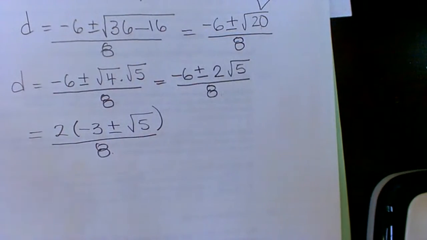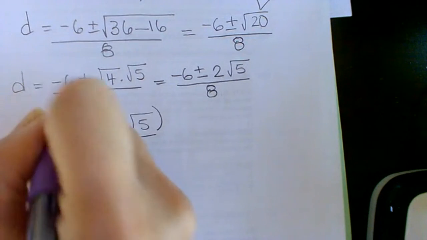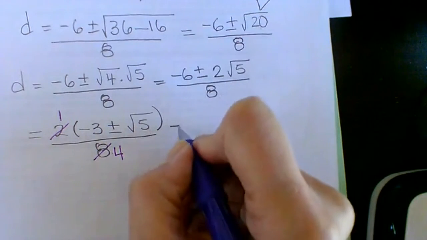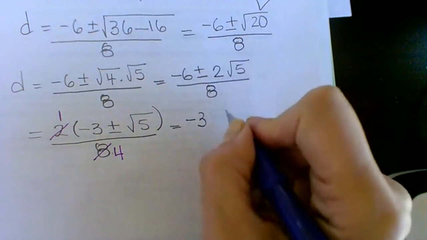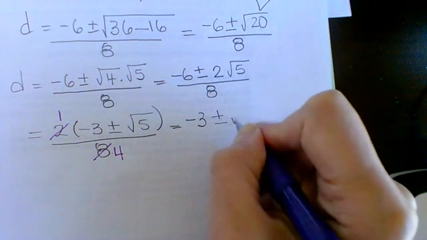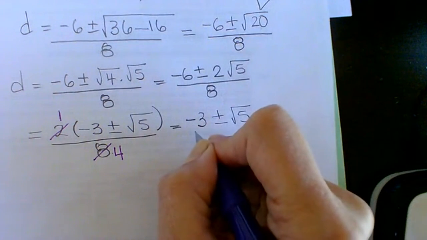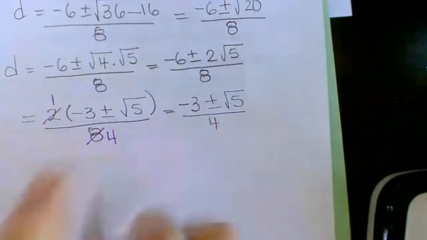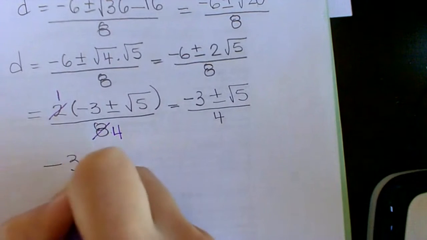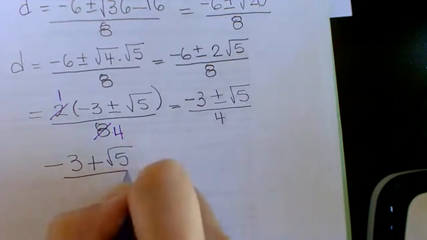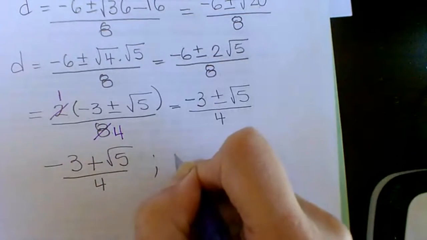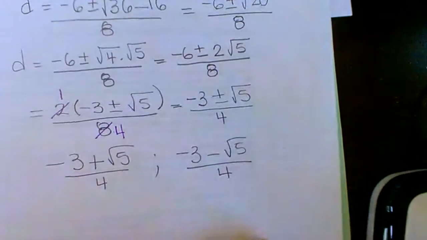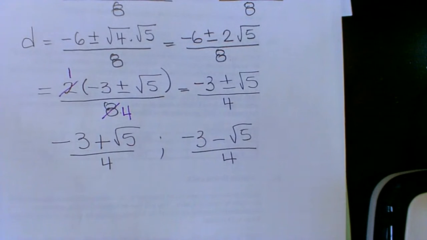Okay? Now, divided by 2 is 1. Divided by 2 is 4. So what I have now is negative 3 plus and minus the square root of 5 divided by what? 4. So every term, I have 2 solutions. Plus the square root of 5 divided by 4, and those are your 2 solutions.